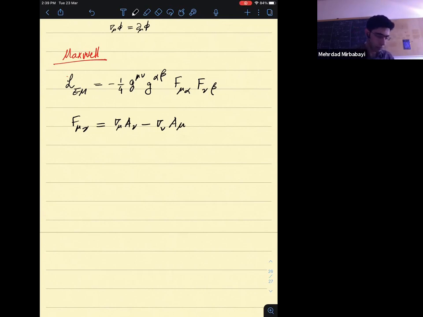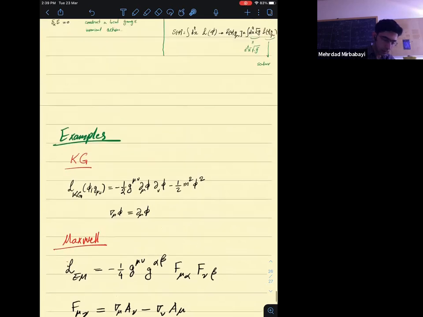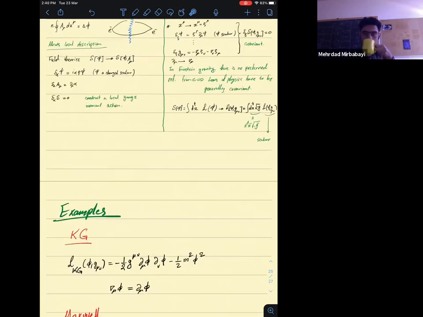So again, this F mu nu that we construct is a second rank tensor, and this object written here is a scalar quantity. And once we plug it in that action, we will get a generally covariant action whose equations of motion will be valid on arbitrary spacetime. Okay, so this is the rule that we follow in general relativity to construct an action.